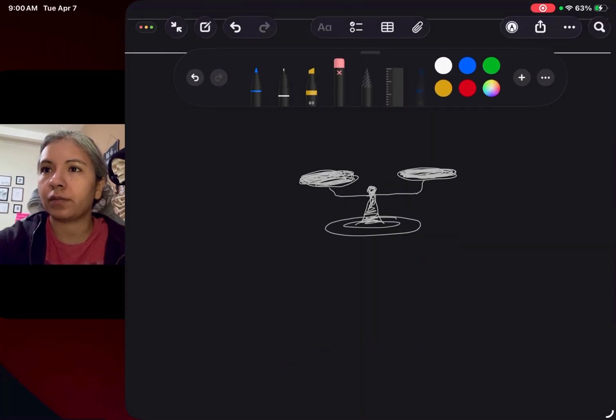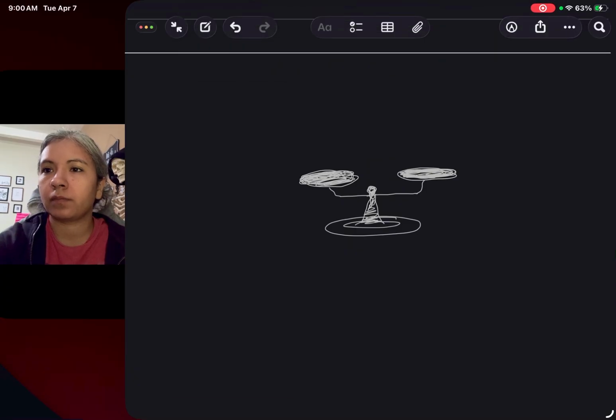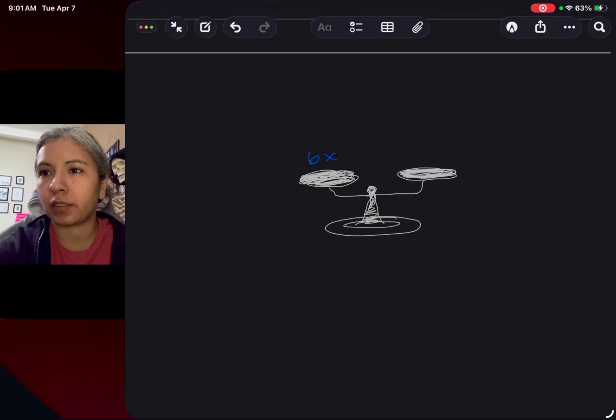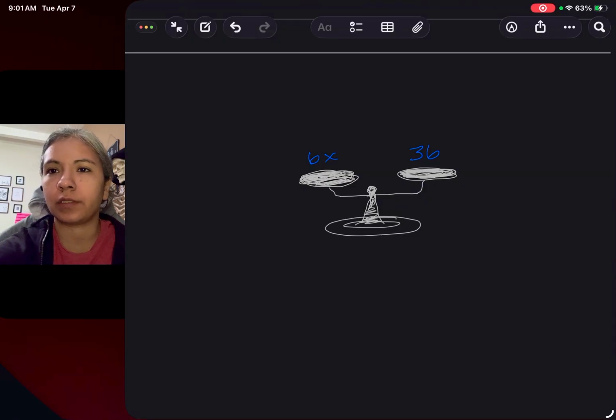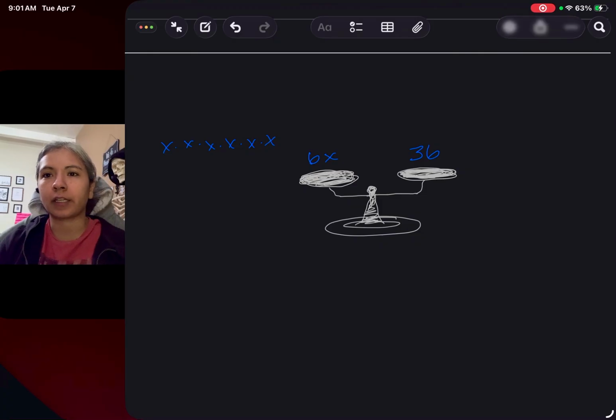So let's do 6x equals 36, or 6x and 36. So there are multiple ways you can think of this. It's x added together 6 times.